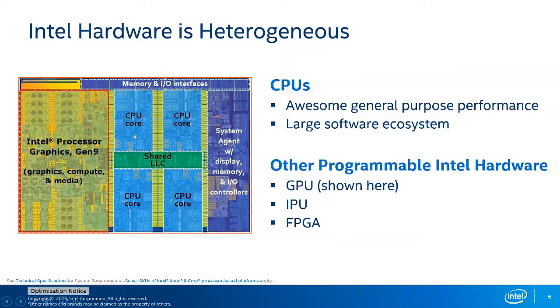You'll recognize the 4 CPUs here, which are as amazing as ever. They have great general purpose performance and a large software ecosystem. But the benefits of the processor don't stop there. There's another side of the chip. What we're focusing on today is the GPU side, the integrated graphics processor.